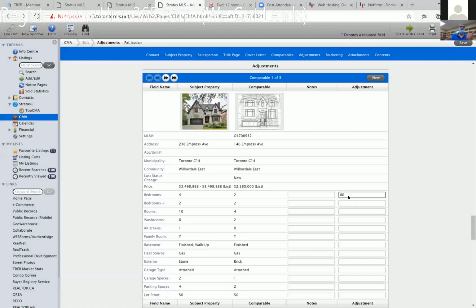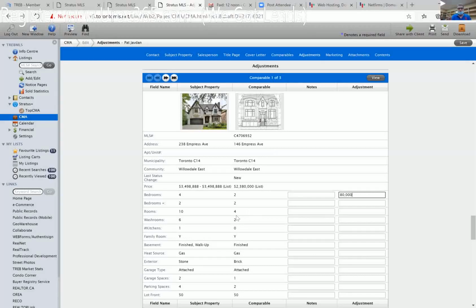Actually, it is positive. It is positive. Why? Because we are comparing the comparable to that one. Therefore, this 80,000 comes on top of the price of the comparable. Understand what I'm saying? Because I am working on the comparable comparing to the subject property. It becomes 80,000 positive. If the subject property becomes negative comparing to the comparable, it will become negative. You got what I'm saying? It will become 80,000 positive.